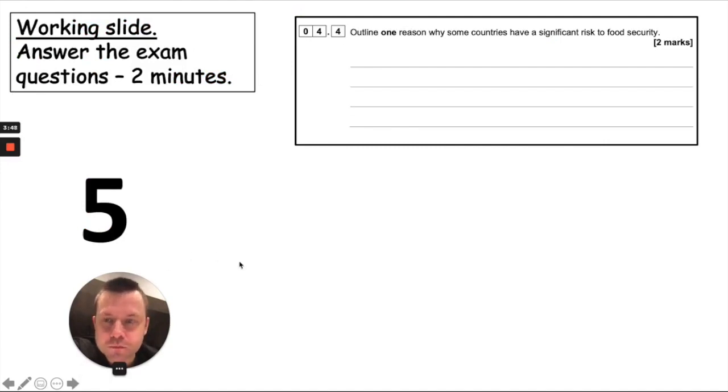Now, this question is about food security. It says, outline, which means basic explanation, just give an outline of the issue. One reason why some countries have a significant risk to food security. Food security is having reliable access to enough healthy food.